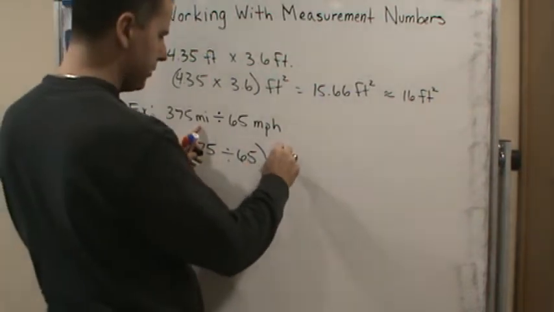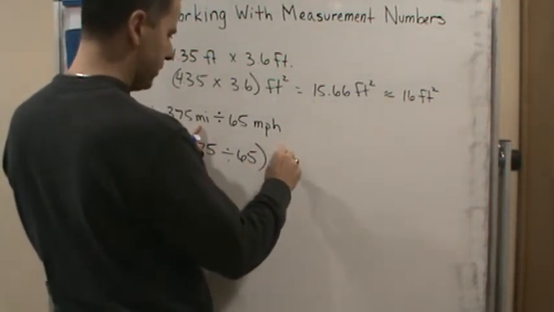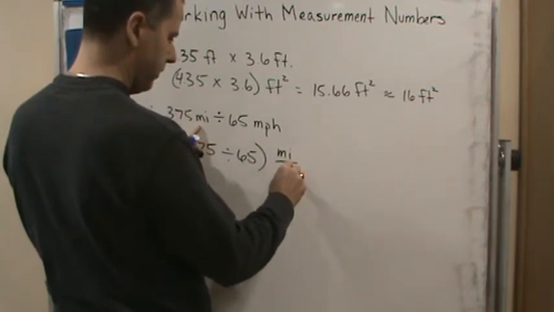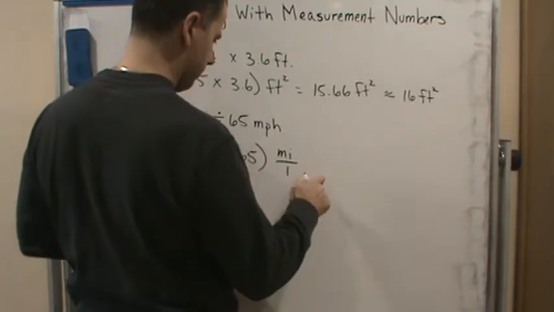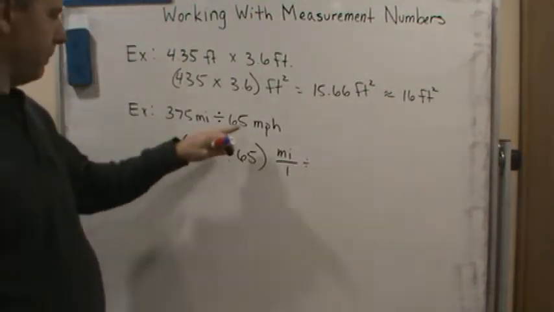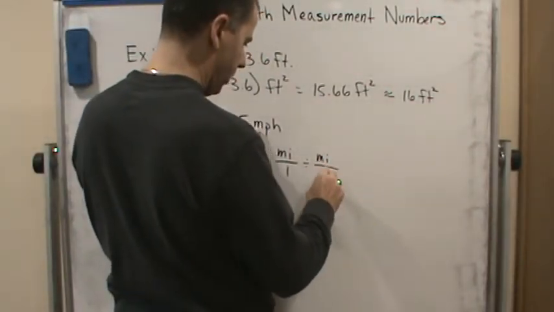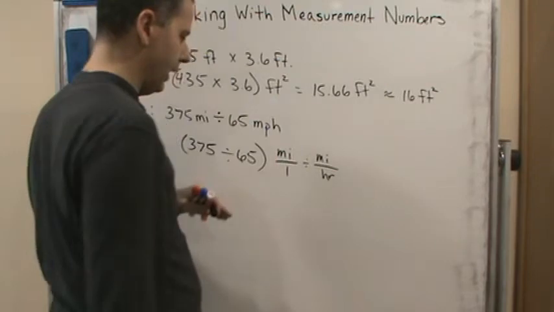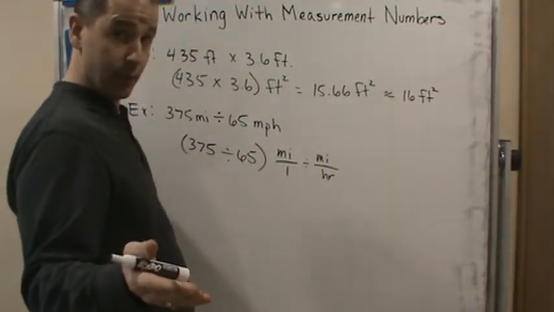And then of course, let's figure out what our units are going to be. We have miles, I'll put that over 1, divided by miles per hour. I'm going to use the same thing that we did with numbers.